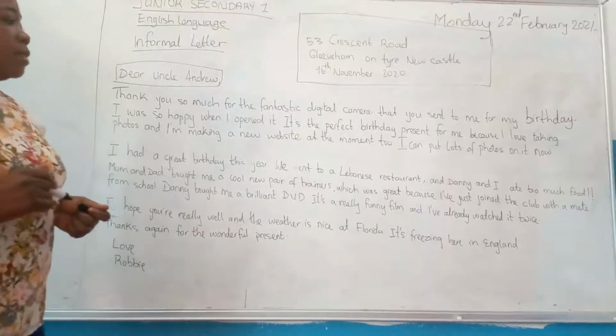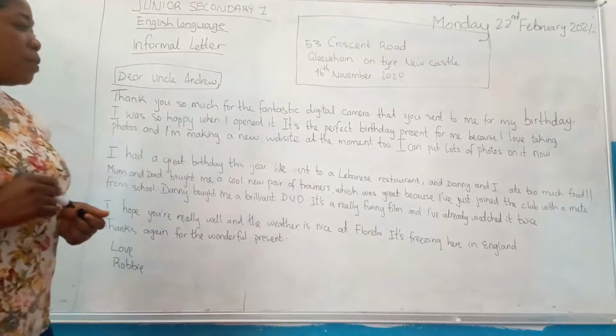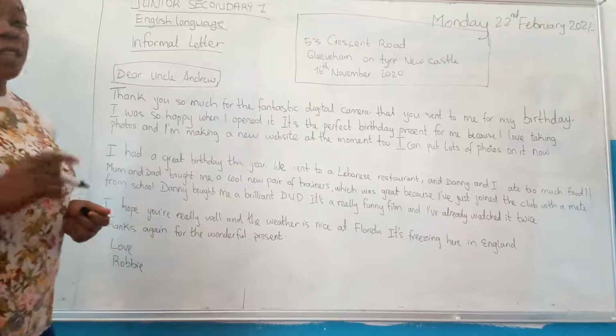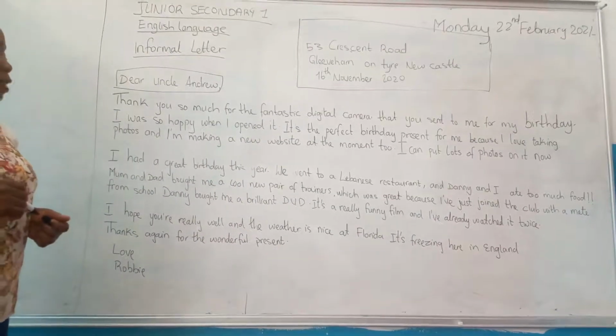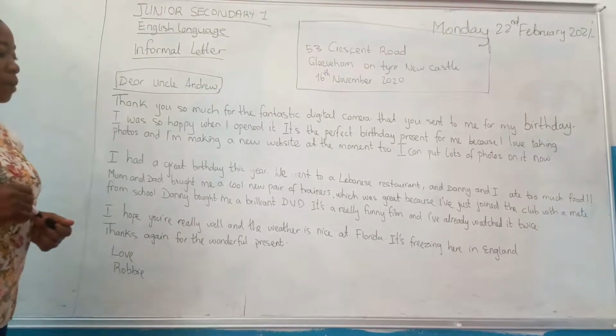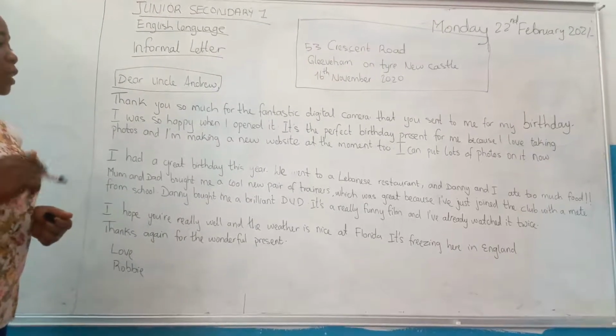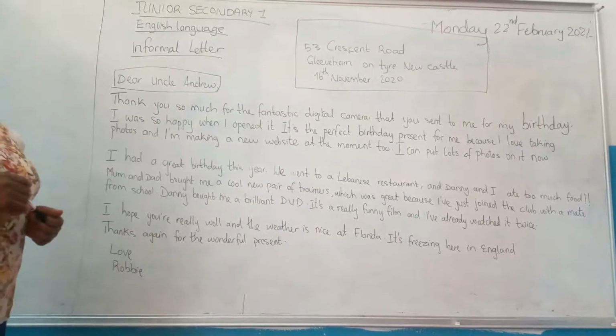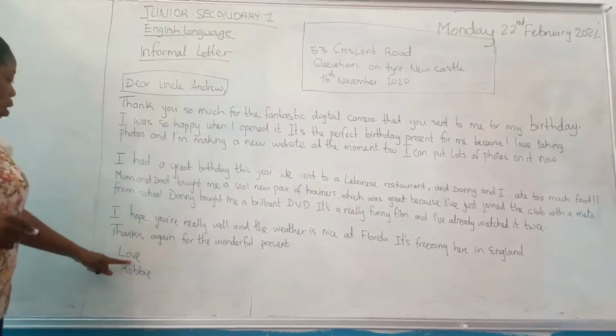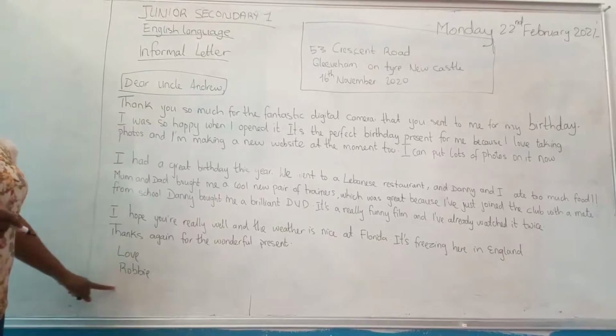It's a really funny film, and I've already watched it twice. I hope you are really well and the weather is nice in Florida. It's freezing here in London. Thanks again for the wonderful present. Love, Ruby. This is my name here.